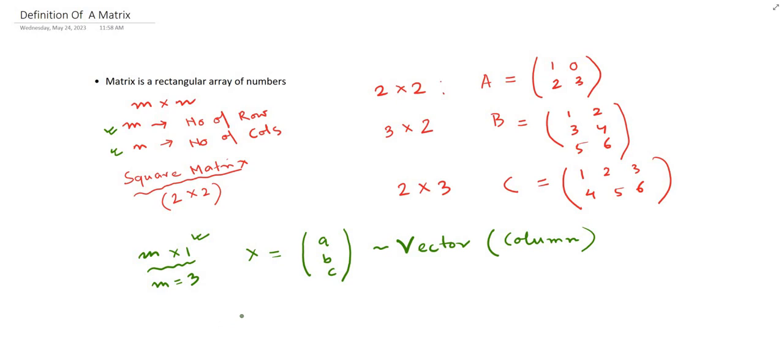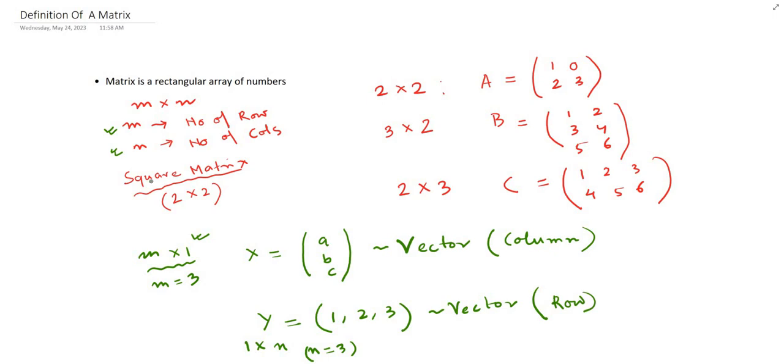On the other hand, let's consider an example like 1 2 3, because in this case it is actually 1 by n, and n in this case is 3. This is a vector, but this is a row vector.